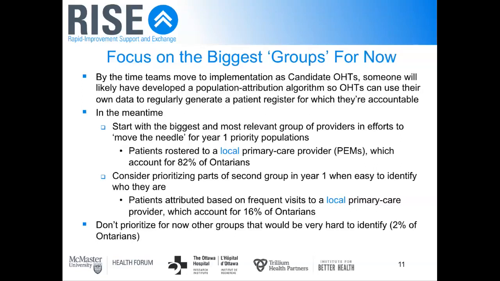But over time, I certainly would expect that we'll get increasingly sophisticated models, mapping, algorithms, other things that will help teams work with their attributed population in the most efficient way possible, ideally with solutions that are scaled across the province. So regardless of your team size, your population size, and so on, hopefully everybody will have similar access to similarly useful tools, algorithms, maps, and so on.